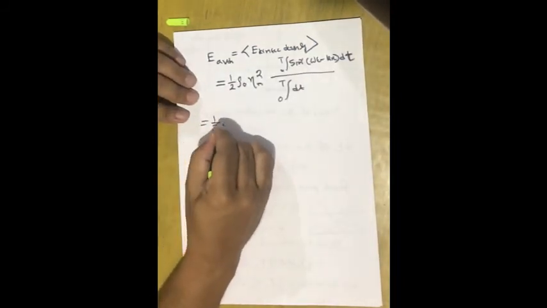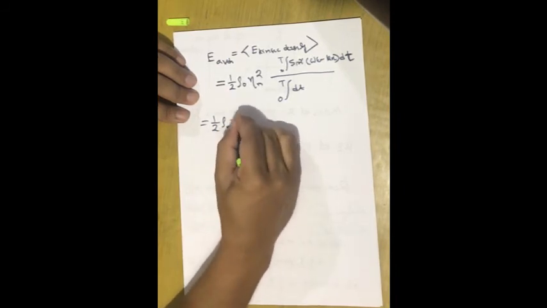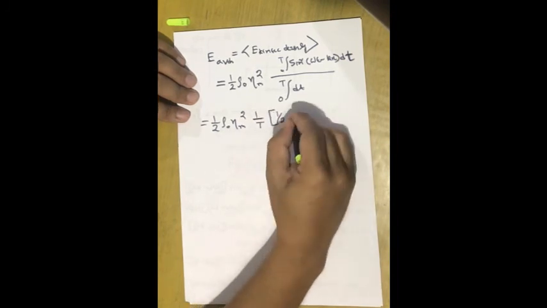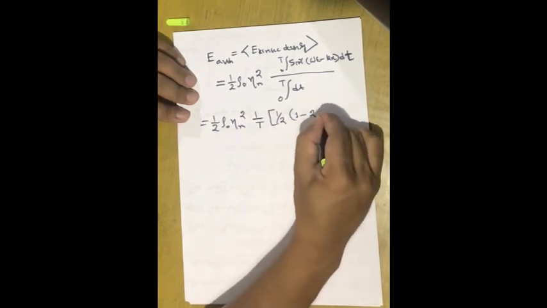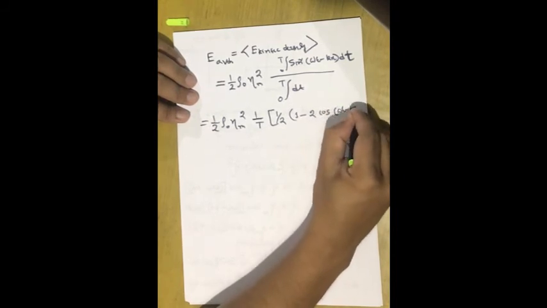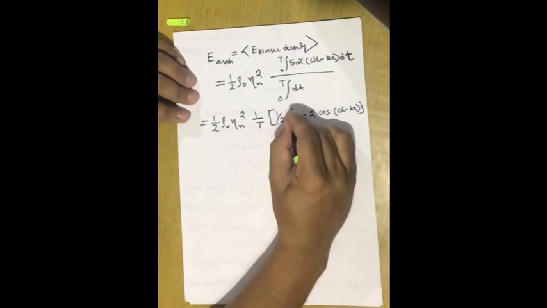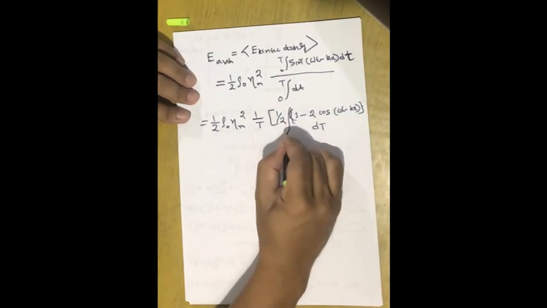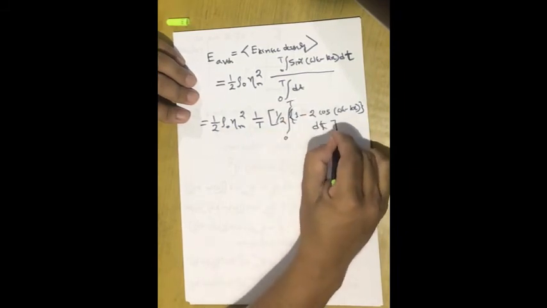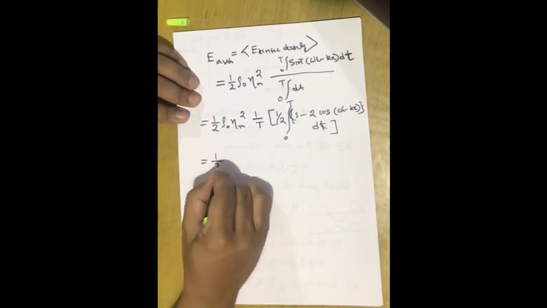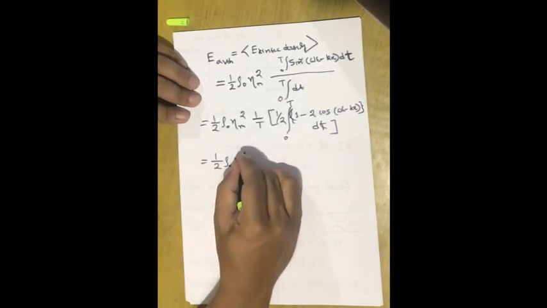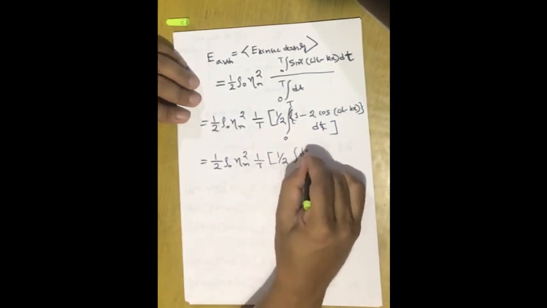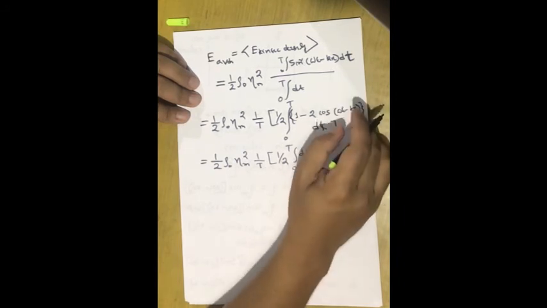So half rho naught eta m square, 1 by T, and sine square will be equal to half into (1 minus cos 2(omega t minus kx)), into dt. So basically we are going to put the integration from 0 to T dt. If we do it, half rho naught eta m square 1 by T, this value will be equal to half into the integral of dt from 0 to T, minus the cosine term.